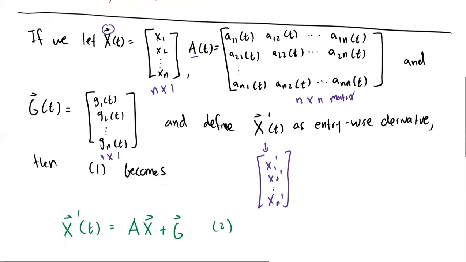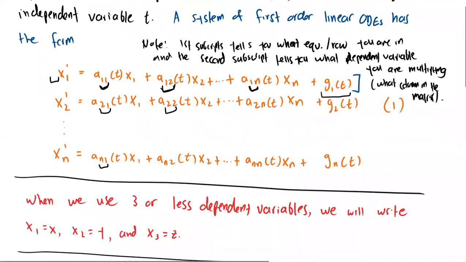Now, having defined these three matrices, and x and g we call vectors, and you can see that in g, I also have this arrow symbol on top. If we write things like this, then we can simply rewrite this system of n linear first order ODEs.